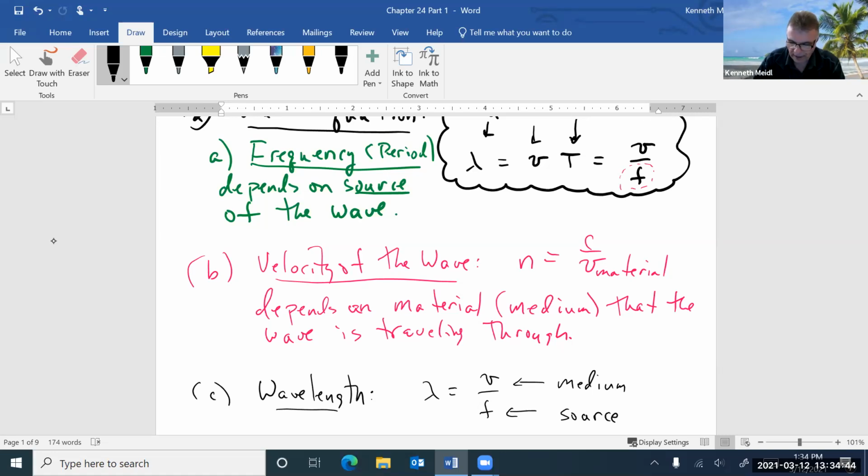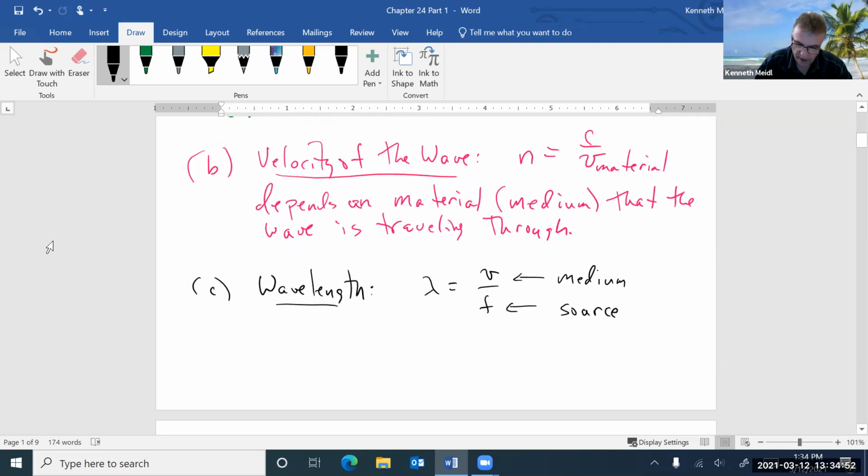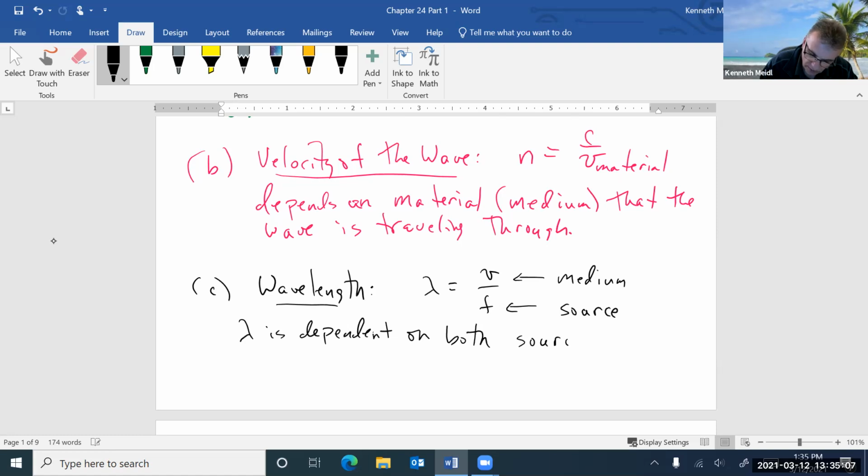So the wavelength is dependent upon both the medium and the source. And so that's something else we have to really kind of pay attention to. So, the wavelength is really dependent on both the source and the medium.